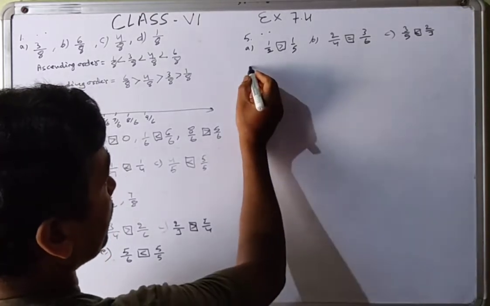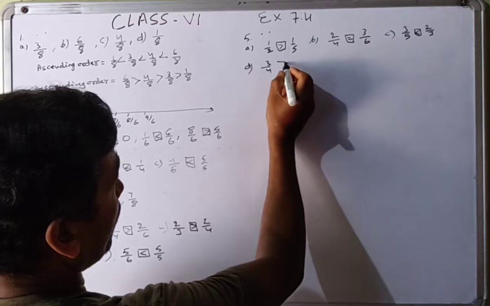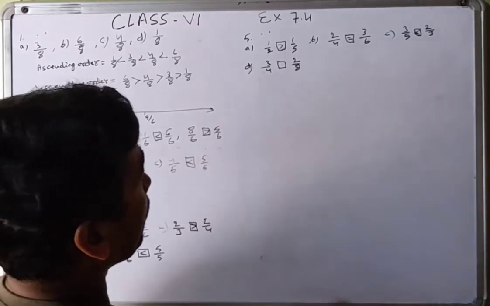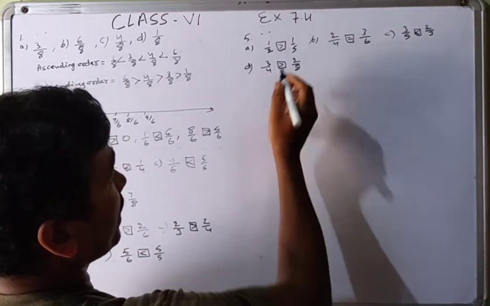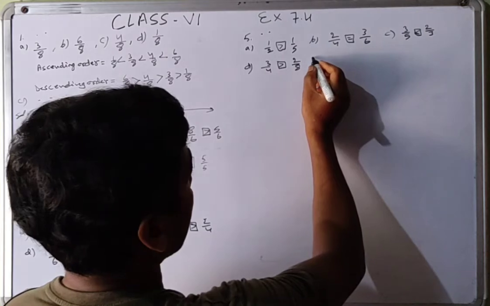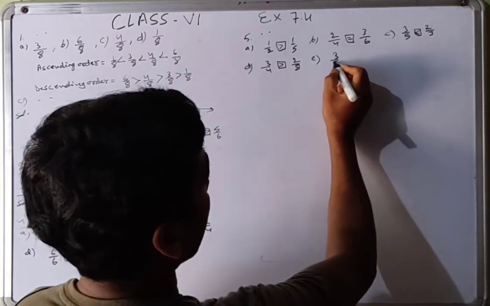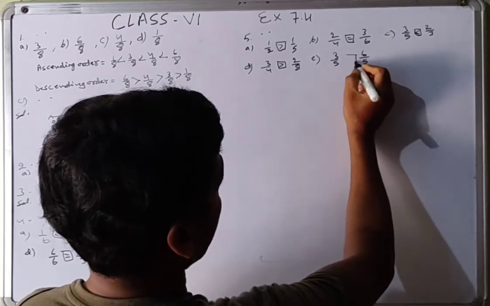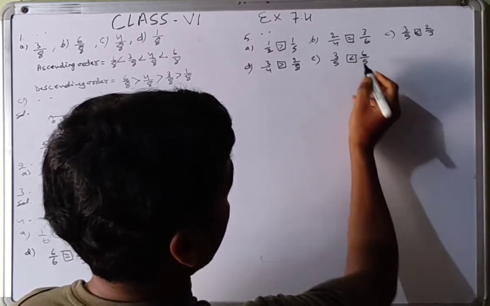D part: 3/4 box 2/8. So 3/4 will be greater because its numerator is greater relative to the denominator. E part: 3/5 box 6/5. Both denominators are the same, so 6/5 is greater.